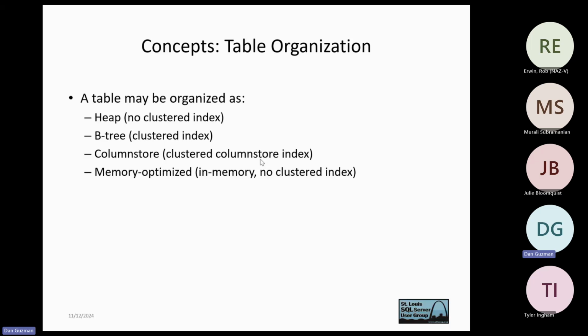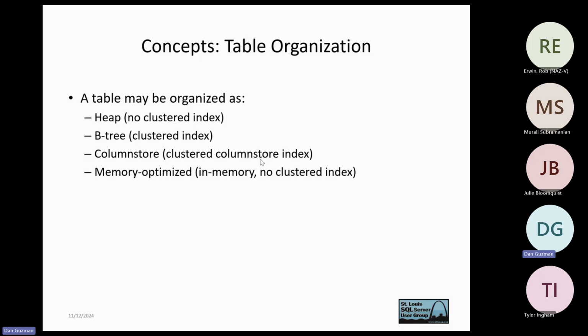You can also have a column store index organized table, which is just having a clustered column store index on the table, which is not a B tree. I'm not going to cover that today in this presentation, but I just want you to be aware that it's out there. Column store indexes are most useful for workloads that require large scans, such as decision support and reporting, less so for online OLTP type workloads.